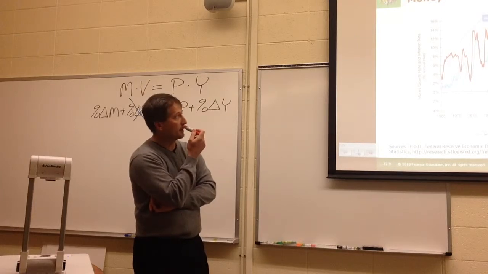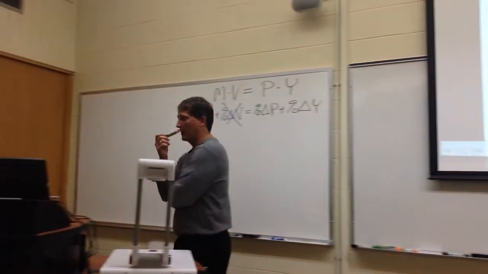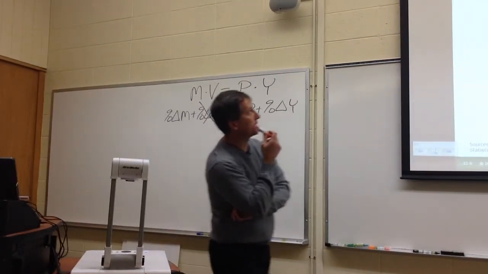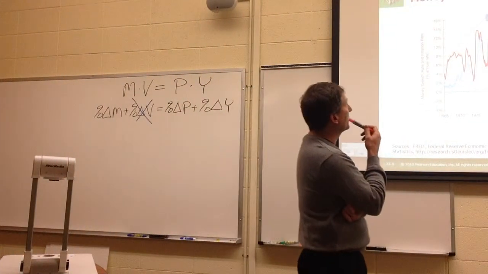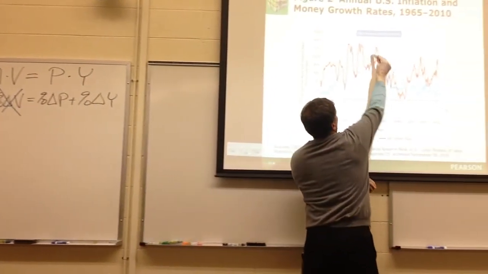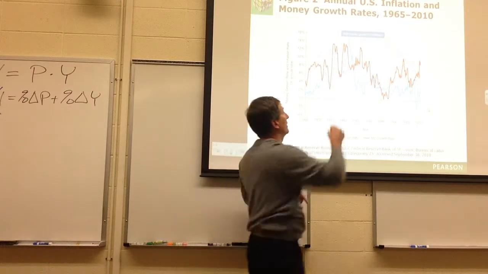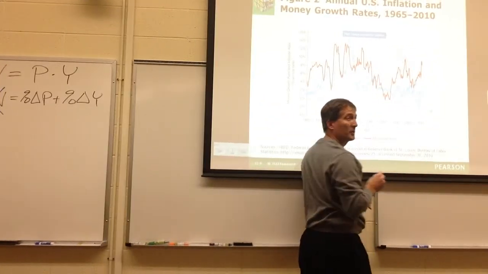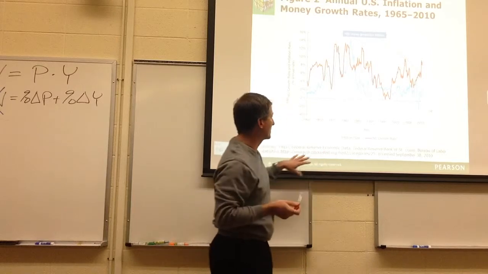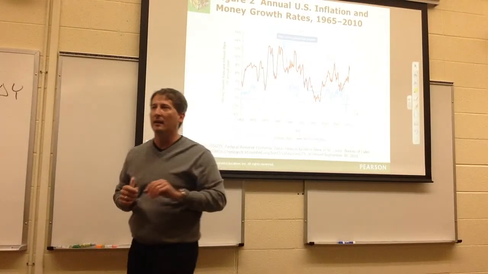Here is the short run picture. The short run picture isn't quite as obvious with growth and inflation. So notice here we've got this going down, this going up. And if we had this one-to-one relationship, these would be moving more in concert with each other. And I think this was done with like a 2-year lag on the money supply changes.